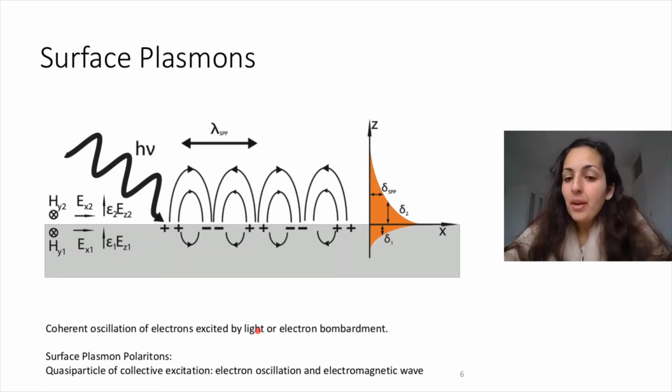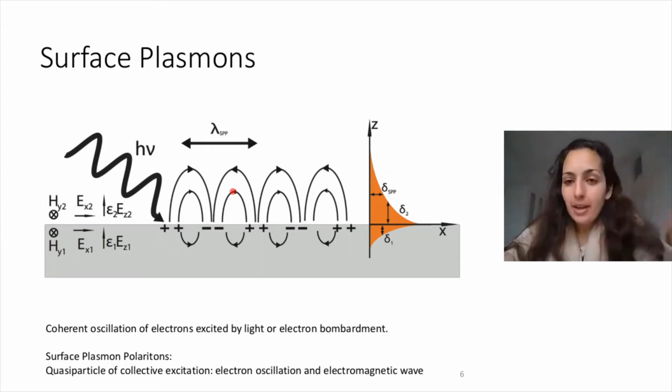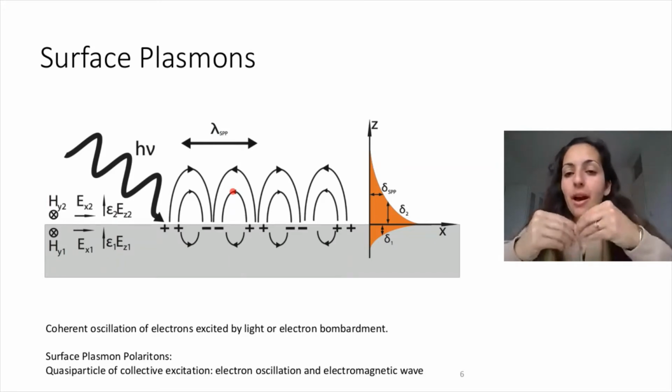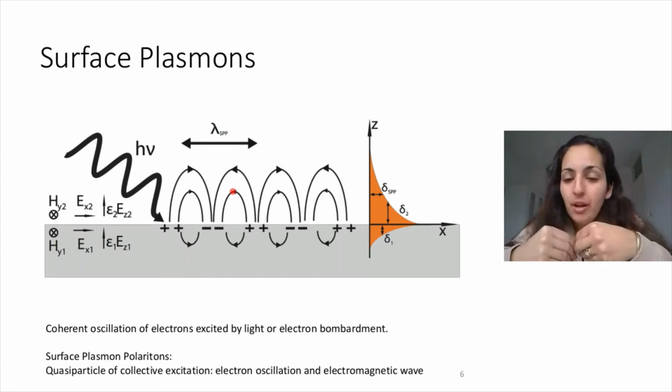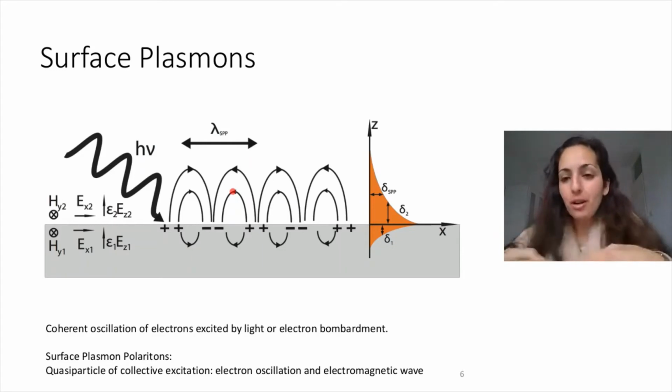We can then define something which we call the surface plasmon polariton. The surface plasmon polariton is the quasi-particle describing this type of propagation of light, which is a combination of the electron oscillation and the electromagnetic field. The same as with an electromagnetic wave, where we call the particles that belong to this wave photons.